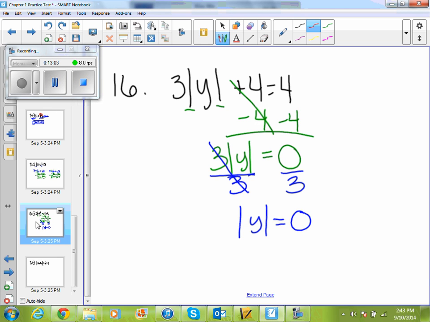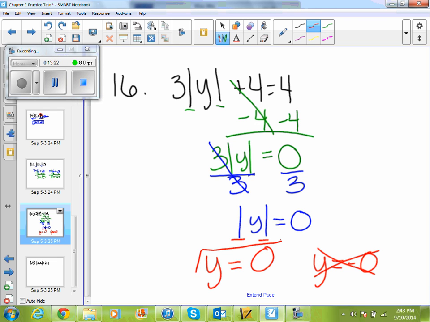My absolute value bars are now by themselves, so I can break this into my two solutions. First solution, it stays the same, so y equals 0. What would my second solution be? Negative 0, and since negative 0 doesn't matter, we just have two solutions at y equals 0.